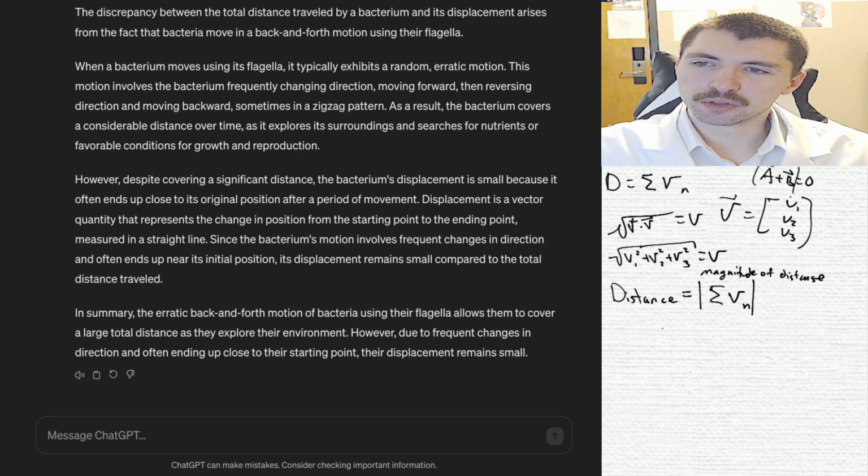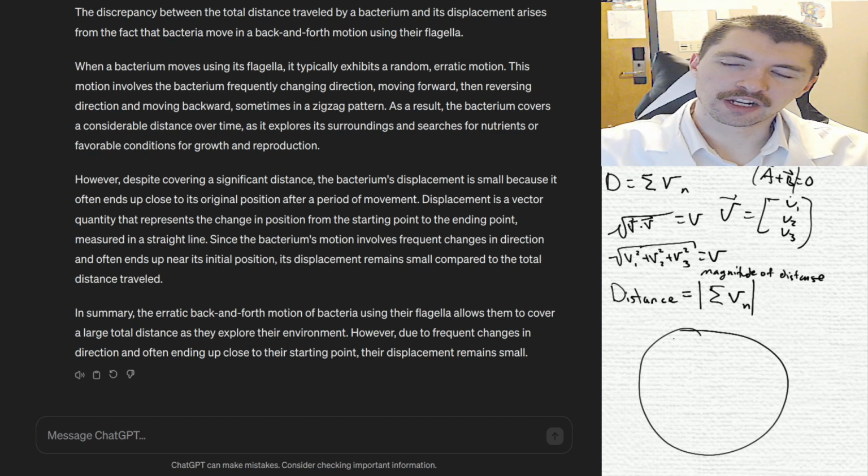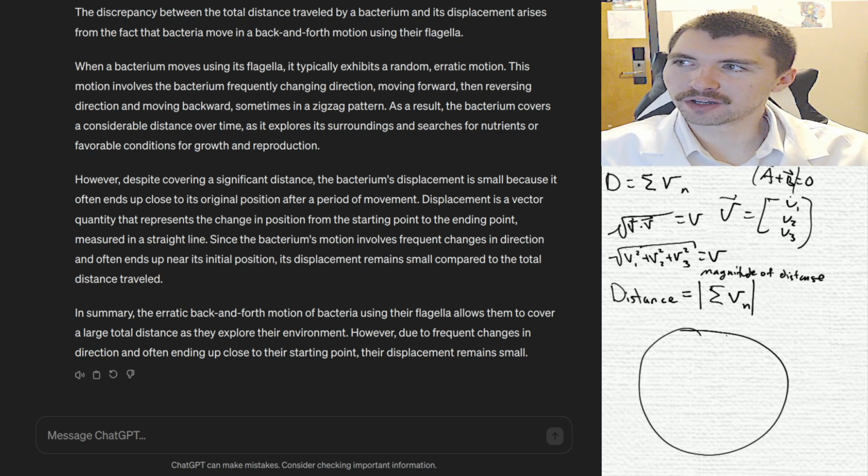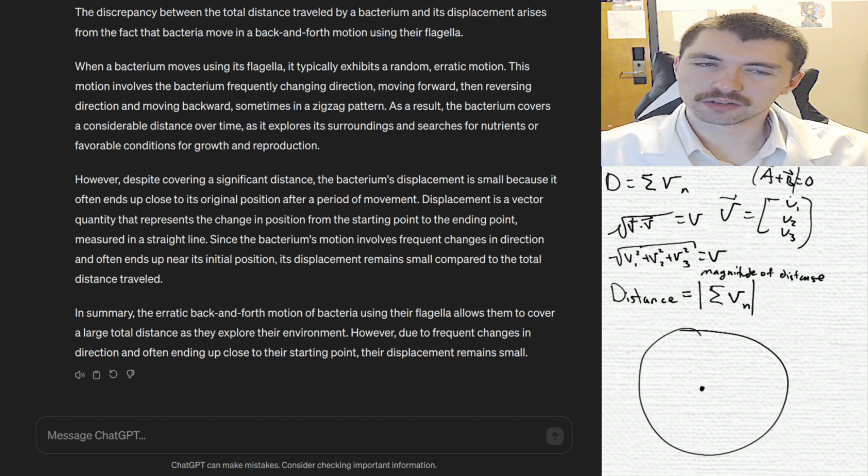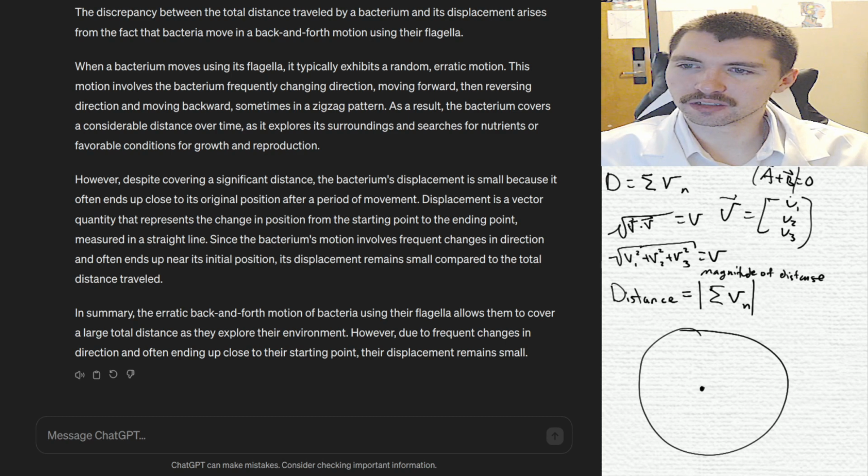It's basically the motion. If this is the area, this is the boundary line, and this is the flagella, or what is a bacterium? So if we're describing the motion of it, it might move here in one, might move here.